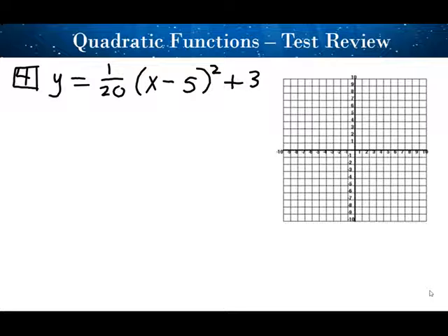We're going to start on this video with number 4, and we're graphing an equation that includes a vertex and focus. So let's put our vertex on the graph.